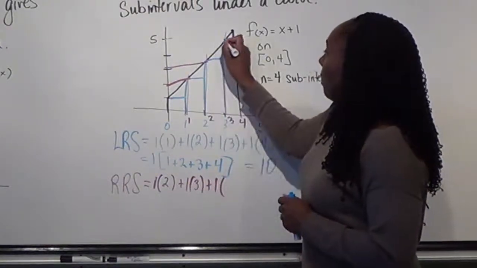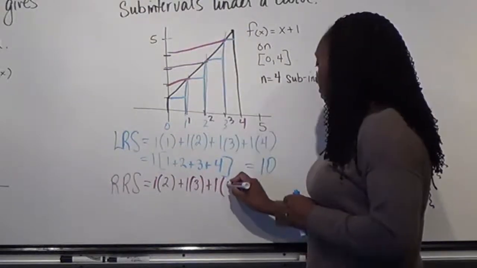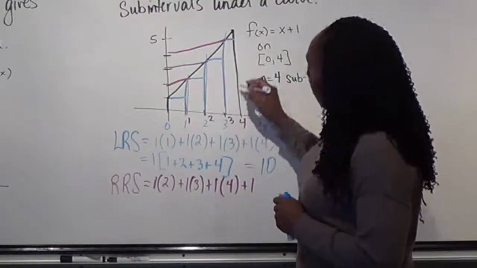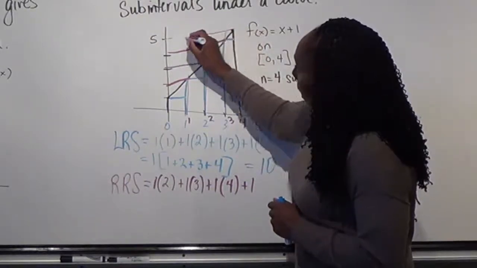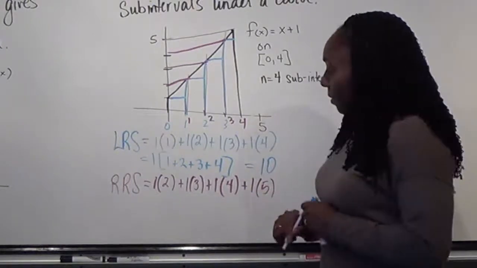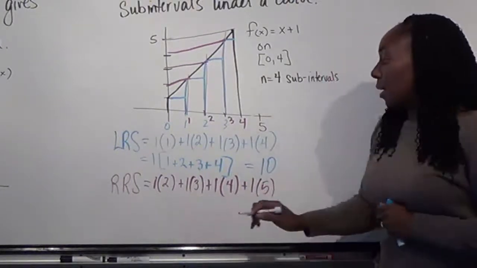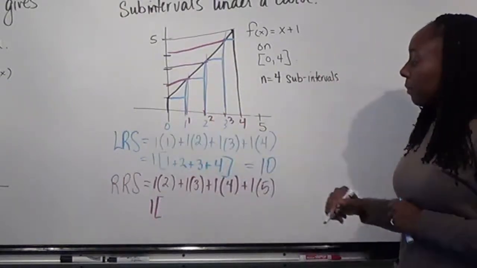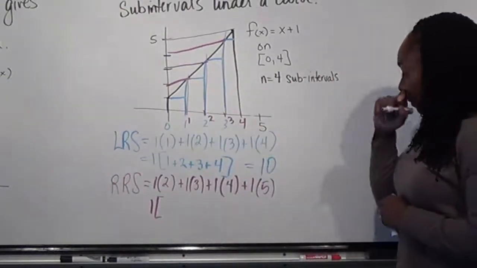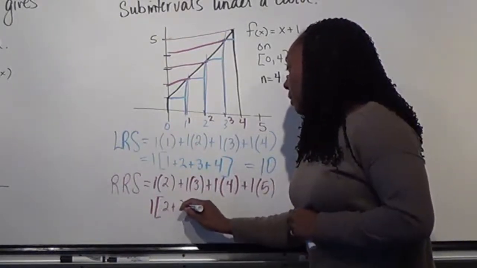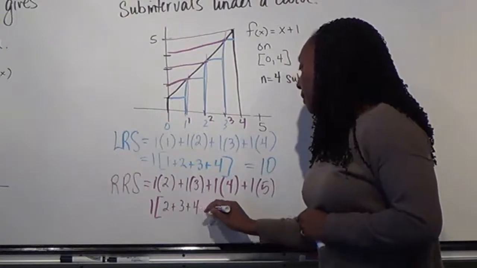At the next one, I have my height of 4. And at my last one, which is the value at 4, I have a height of 5. Okay. And same thing. I can factor out that length. That's the same for all of them. And then add up the heights.